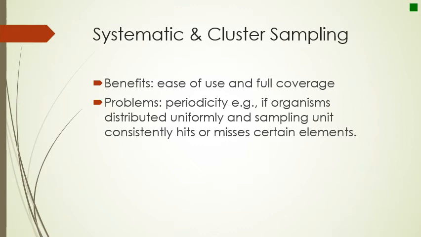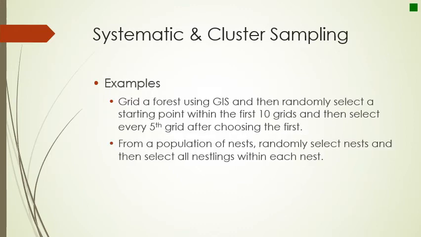So it's just important to be aware of potential for periodicity in your population, and make sure if you're using systematic sampling that you're not using a distance that happens to coincide with that periodicity. So some examples, like we talked about: grid out a forest using GIS, randomly select a starting point within the first 10 cells of that grid, and then select every 5th cell after that.